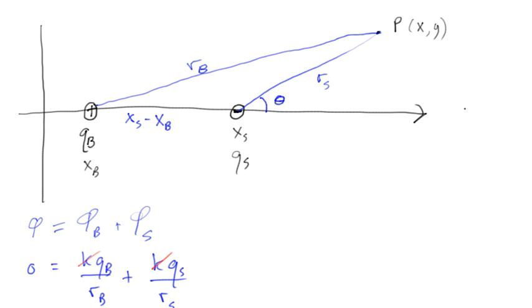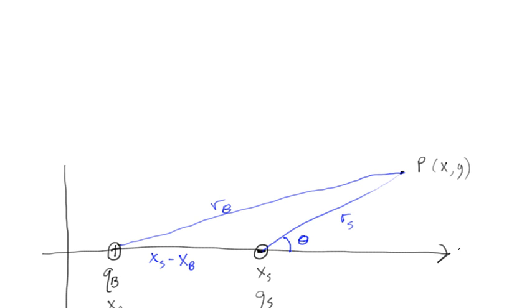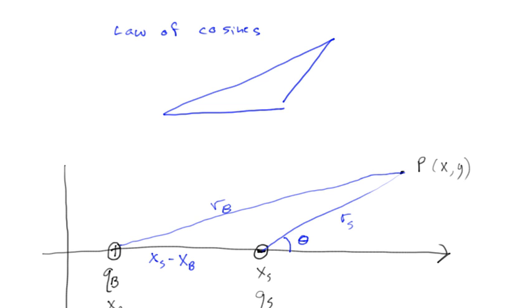The law of cosines, let's go ahead and write it down up here. Law of cosines: a trigonometric relationship for triangles that are not right triangles. You can pick any angle, but I'm going to pick this one because it's so closely related to theta.